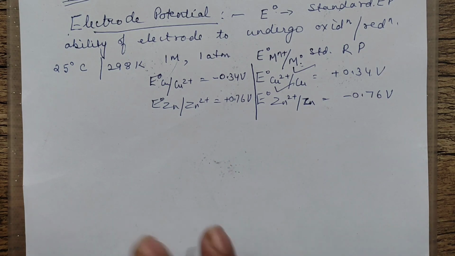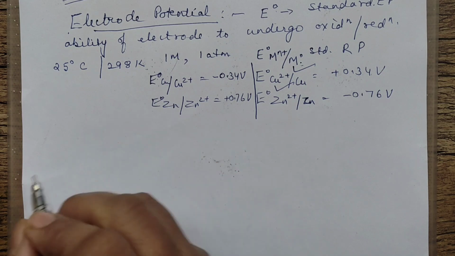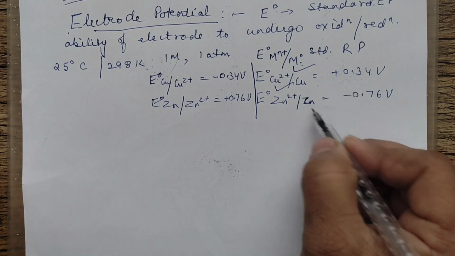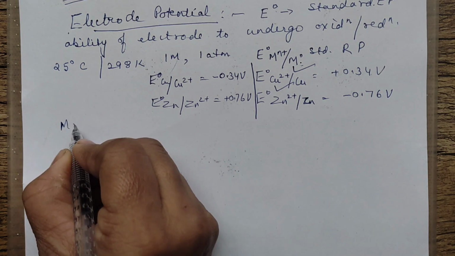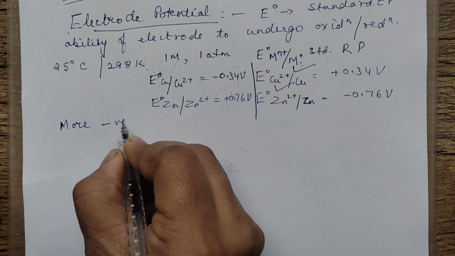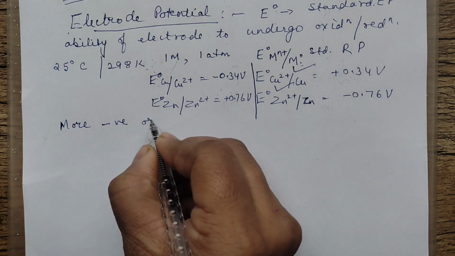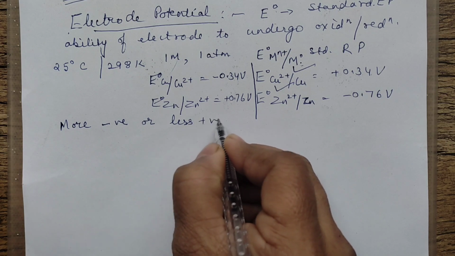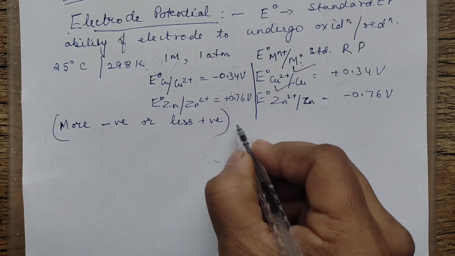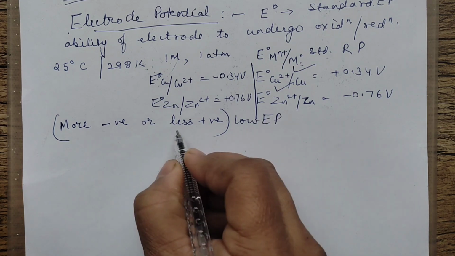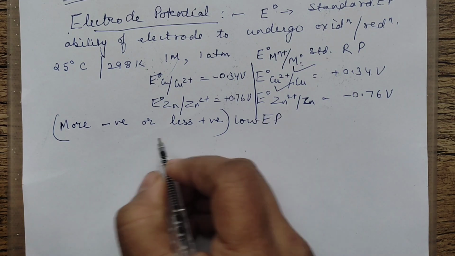Right? Another very important point is what we have studied in the electrochemistry chapter, that this E naught value, I've already explained there also, just check it: more negative, or you can say less positive. Either way I'm saying, or generally at times they will say lower electrode potential. I'm specifying this so that you understand better.